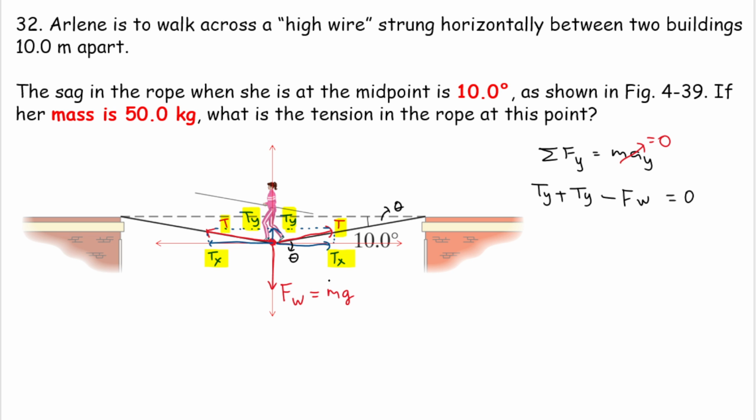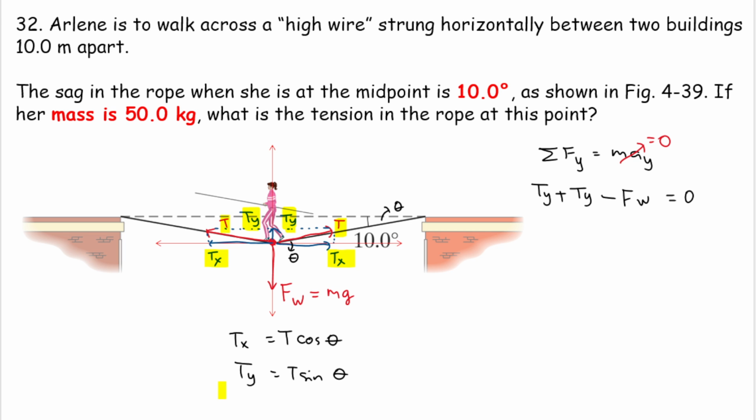So the horizontal projection, Tx, is equal to T cosine theta. Why? Because this is the adjacent and this is the hypotenuse. Adjacent and hypotenuse is cosine. But then Ty is obviously T sine theta, right? If we put this vector here, it will be the opposite side of the angle, and T is the hypotenuse. Opposite and hypotenuse is sine.